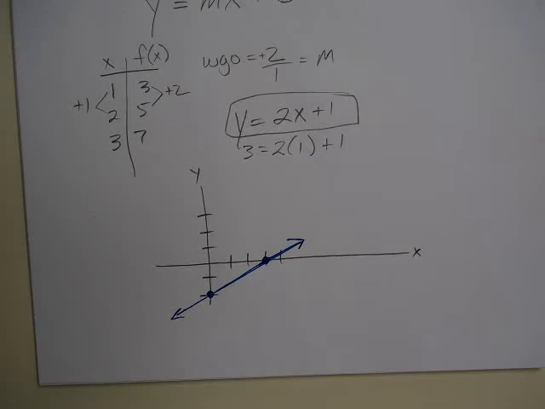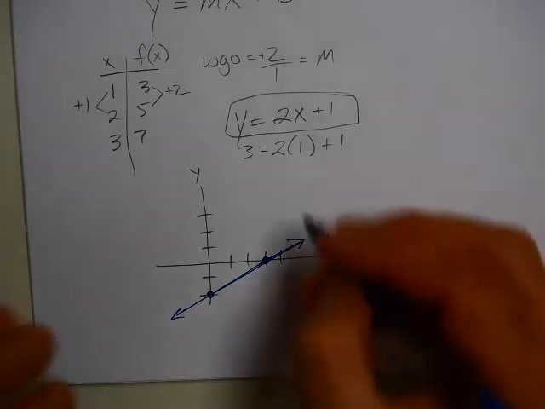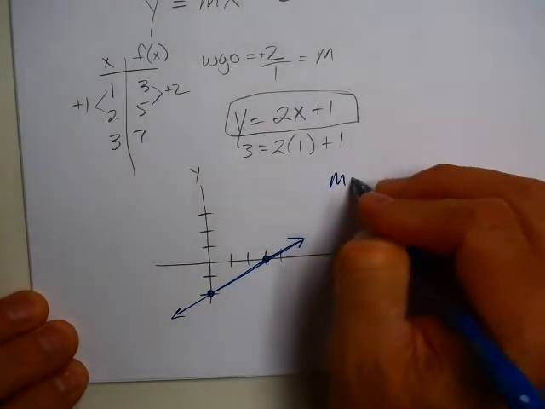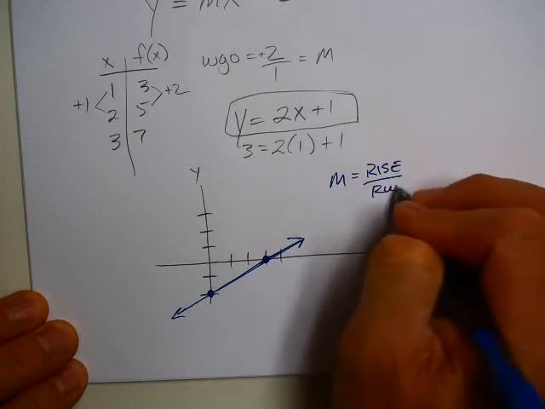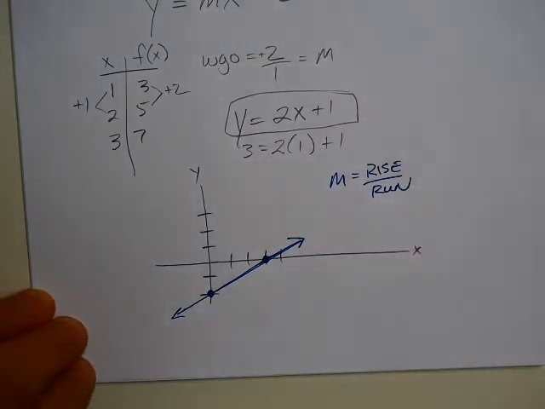What's the rate of change? Well, the rate of change is how do you get from this guy to this guy without going diagonal? I've got to go up and over. Slope is always rise over run. In that order, no exceptions.